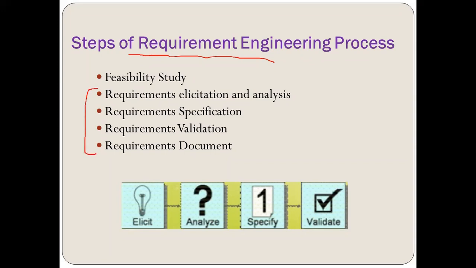Sometimes feasibility is treated as a pre-step for these 4 steps, so we should always do the feasibility study before all these steps. The steps are feasibility study, then requirement elicitation and analysis.